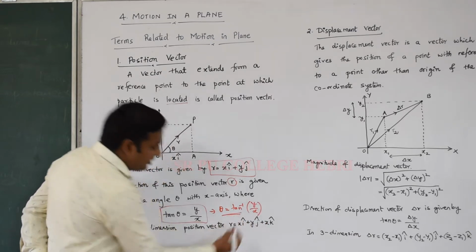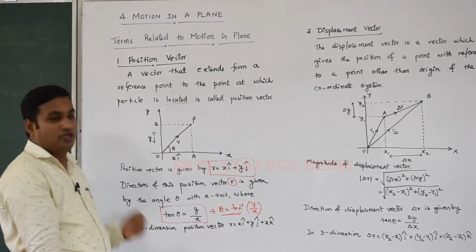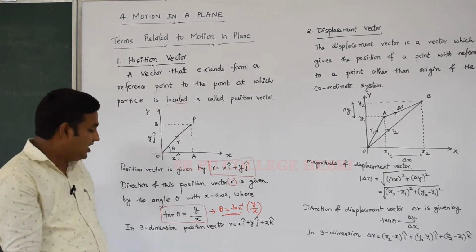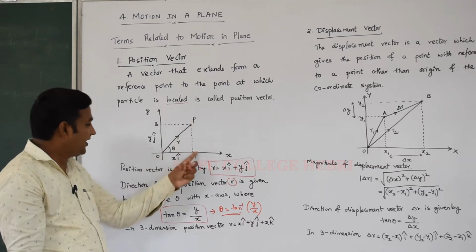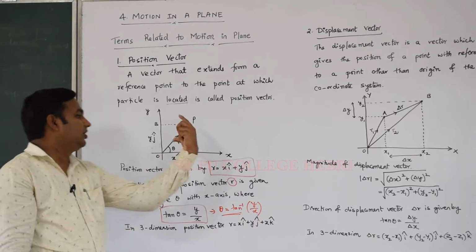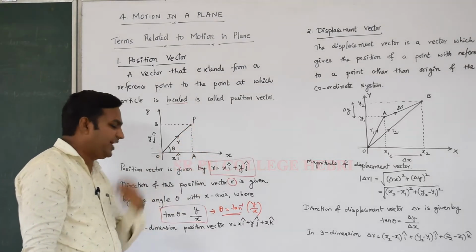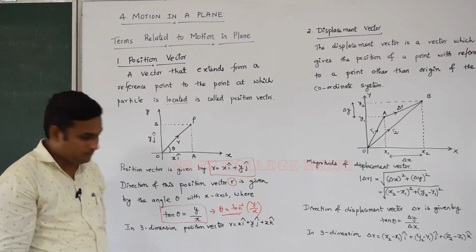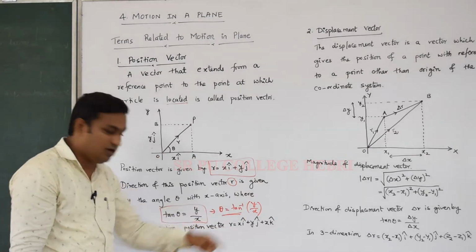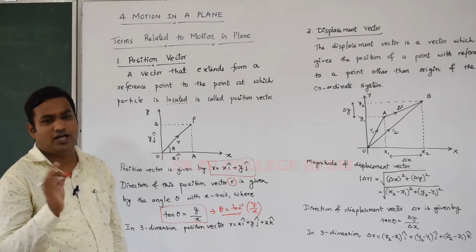From this right angle triangle, tan theta is nothing but y component divided by x component, that is, y by x. Here theta is equal to tan inverse of y by x. Theta itself is called the direction of the position vector.